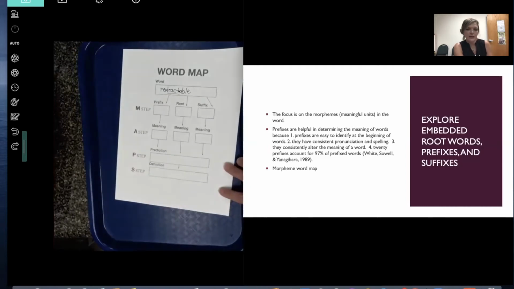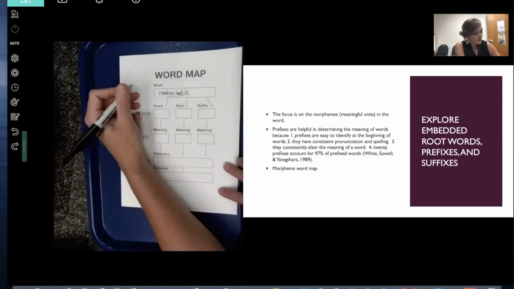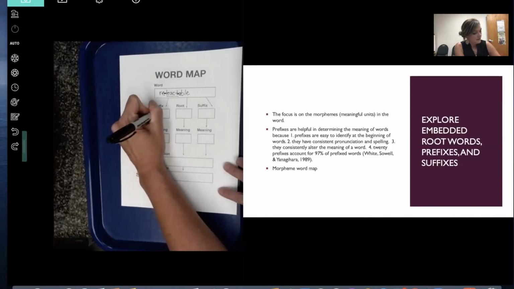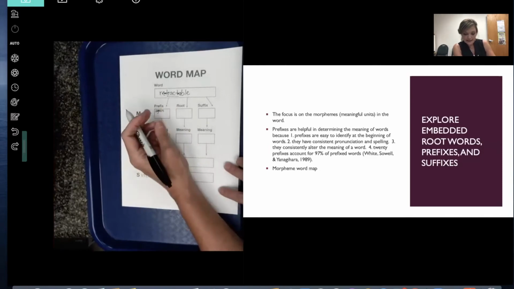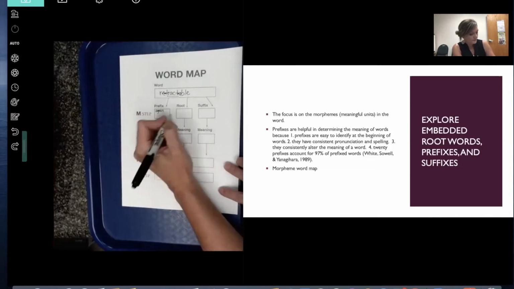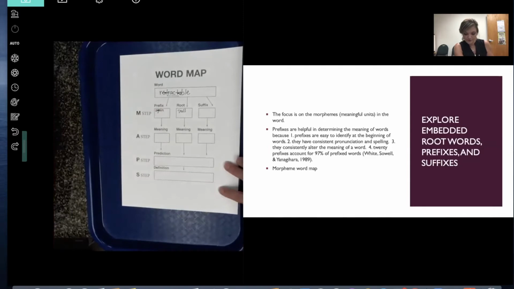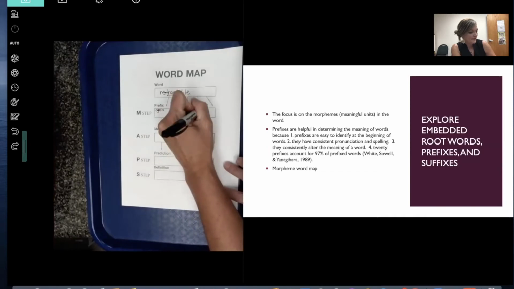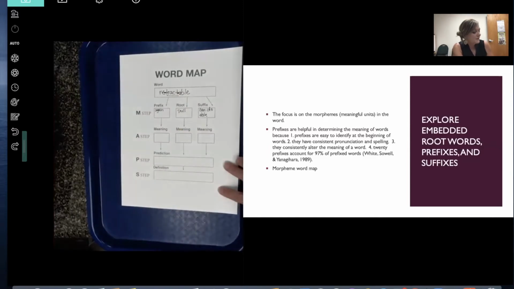What does re mean? To do again. And then the root tract is pull. And what would able mean? That one means you can do it, or it's able. Actually, the meaning is spelled the same a lot, so you're able to do something.